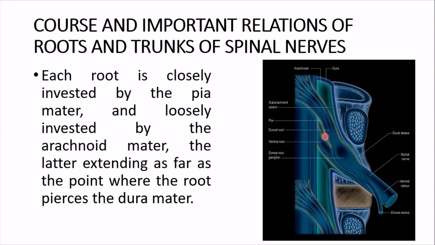And then it is loosely invested by the arachnoid mater. This greenish color is the arachnoid, which invests it loosely, and it extends to where the root pierces the dura mater. This is the bluish dura, and the arachnoid extends up to that.